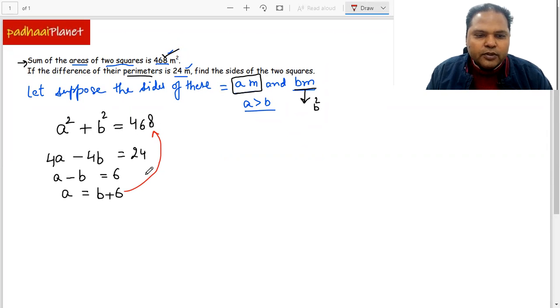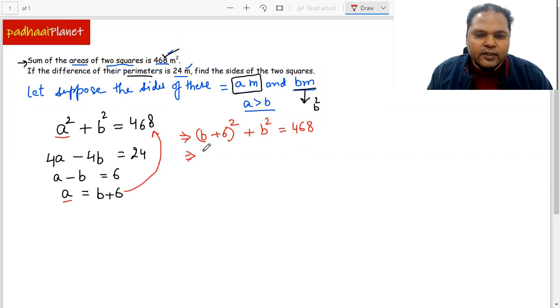So if we put this value of a into this equation, what we get is b plus 6 whole square, because that's a, plus b square is equal to 468.